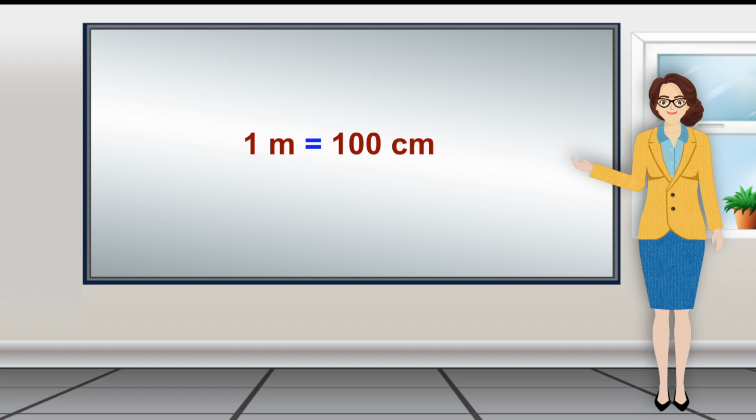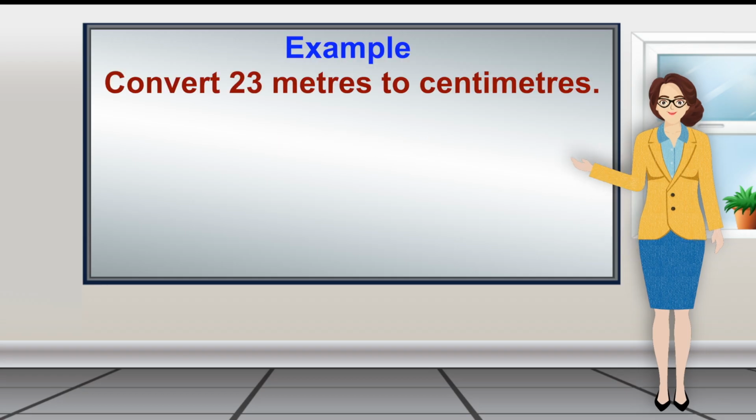Conversion of units of length, meters to centimeters. We know that 1 meter is equal to 100 centimeters. Let us see the relation between meter and centimeter from the examples. Example: convert 23 meters to centimeters. To convert the meter to centimeters, we will follow the following formula. 1 meter is equal to 100 centimeters.